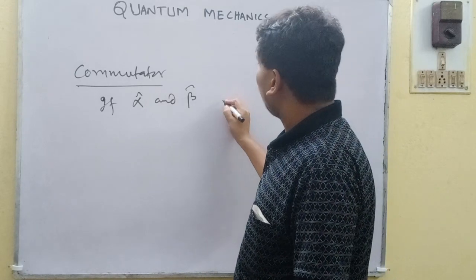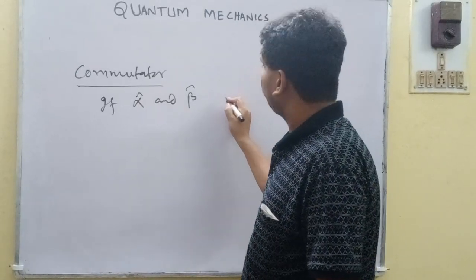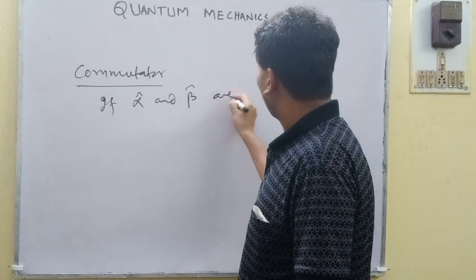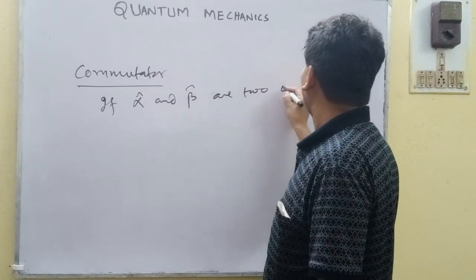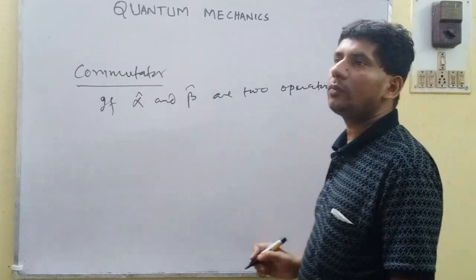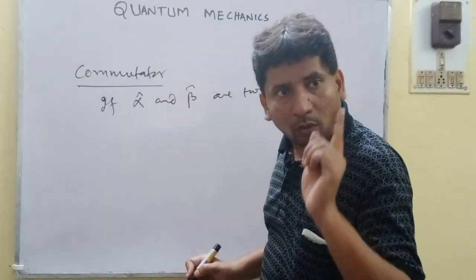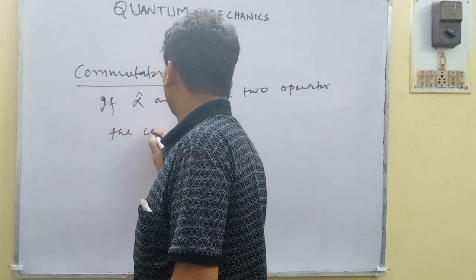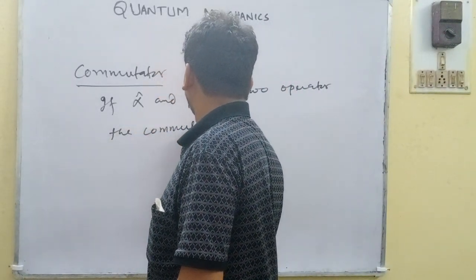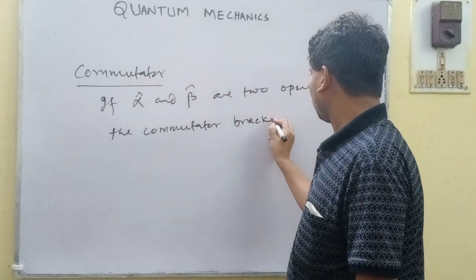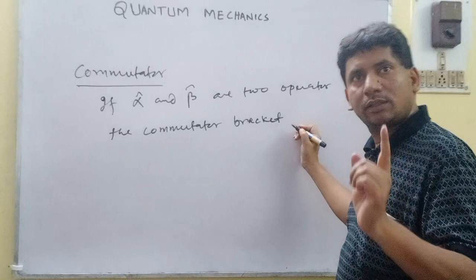If alpha operator and beta operator are two operators, the commutator bracket, what is this type of bracket?